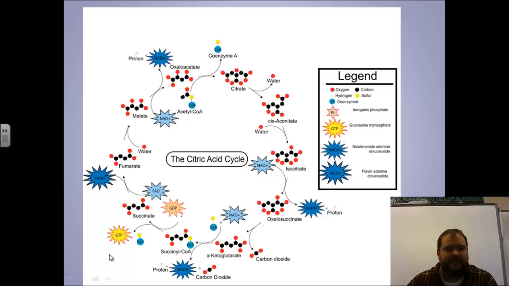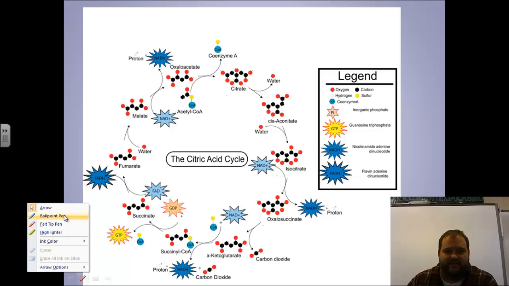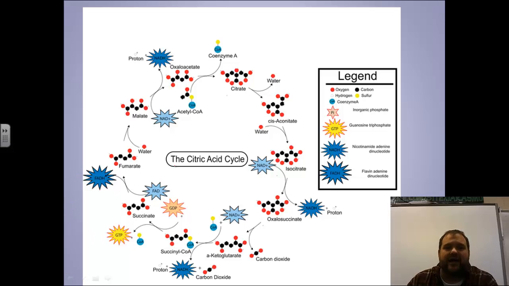So let's talk about it. Here is the citric acid cycle. Now, do I care if you know the names of each of these individual molecules, like citrate, isocitrate? No, I don't. But I want you to know the general idea. So here's where we start.